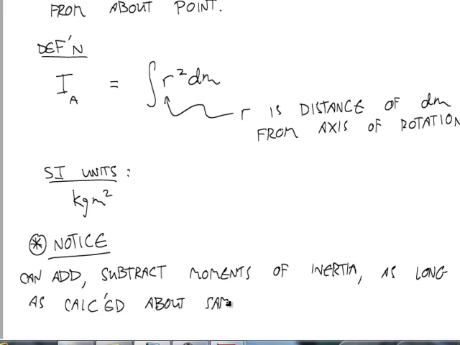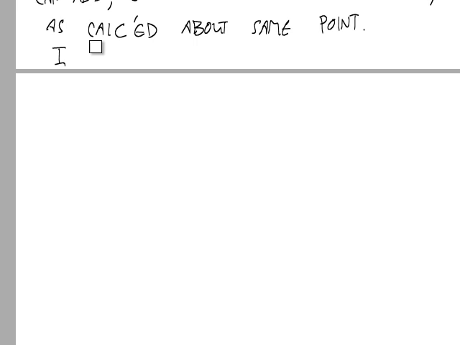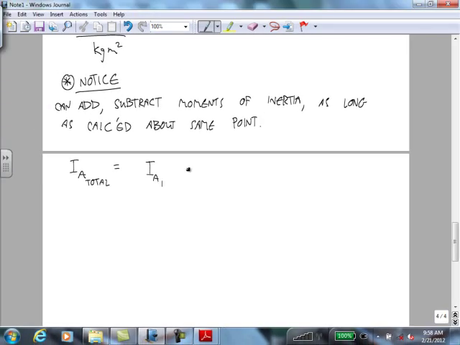So mathematically, that says the moment of inertia about A total is equal to the moment of inertia about A of one piece plus the moment of inertia about A of the second piece, and so on.